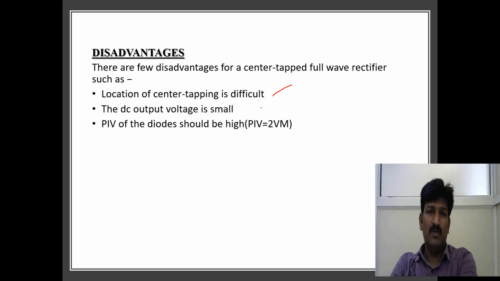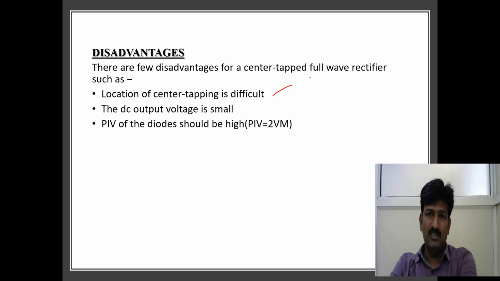If you do not keep the center tapping properly, the voltages induced in the secondary windings will differ. It impacts the rectification process, and the DC output voltage is very small for this center tapping, and the peak inverse voltage is very high. It is equal to 2 Vm in this center tapping.